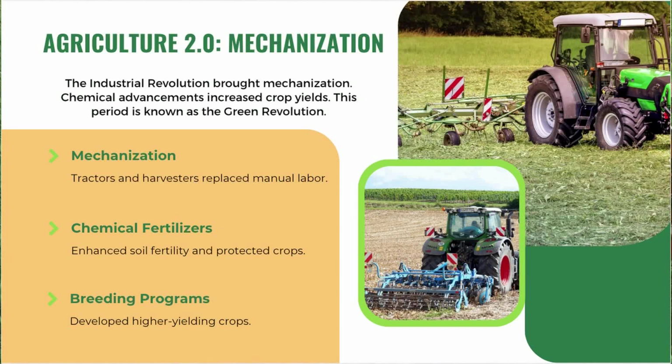The main key feature of this era, agriculture 2.0, was mechanization, that is the introduction of machinery like tractors, harvesters, and other equipment, which replaced manual labor and drastically reduced the time and effort required for farming operations.